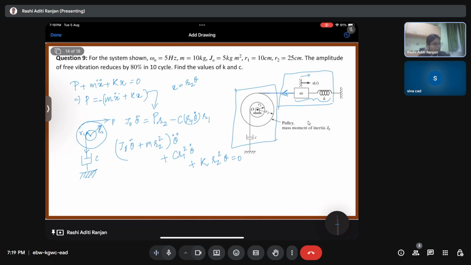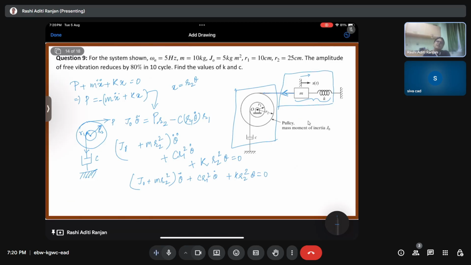Okay, so this turns out to be J naught plus M R2 square times theta double dot plus C R1 square theta dot plus K R2 square theta is equal to 0. Okay.